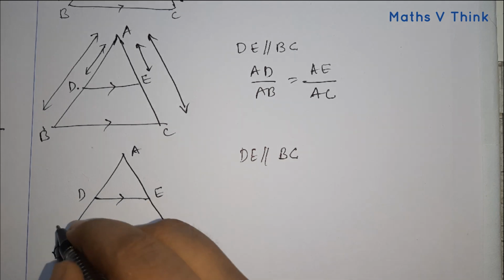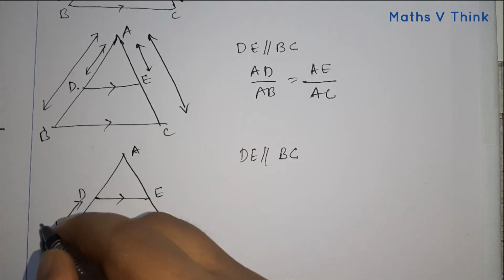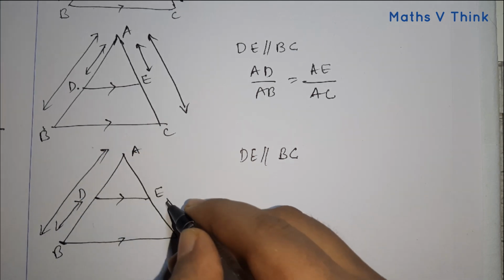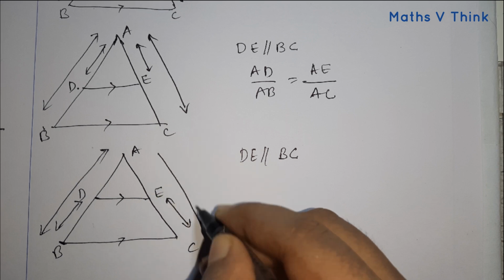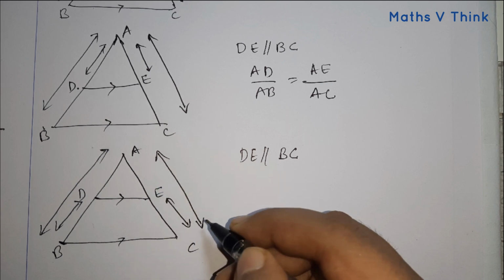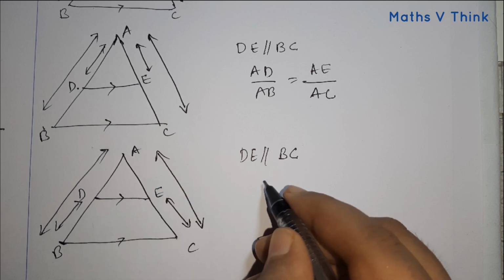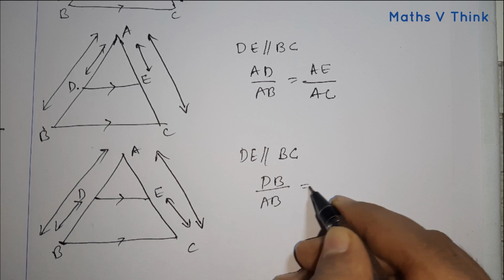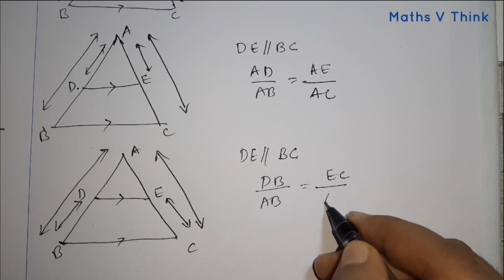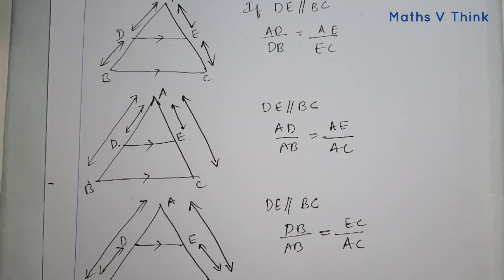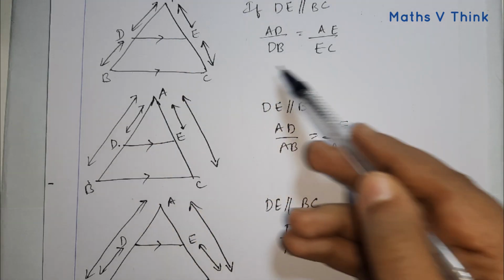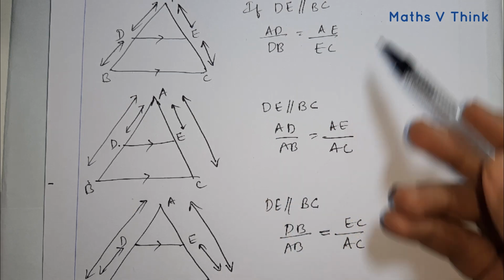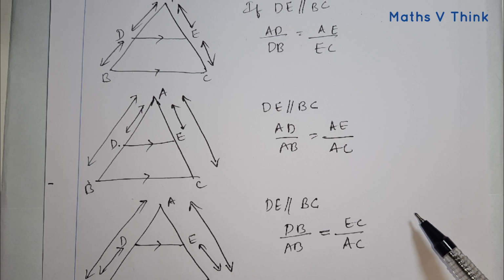In this case, I can tell this divided by this, same way here this divided by this, will be in the same proportion, nothing but DB divided by AB is equal to EC divided by AC. In these three cases, all divide in the same proportion. So these all satisfy the BPT theorem.